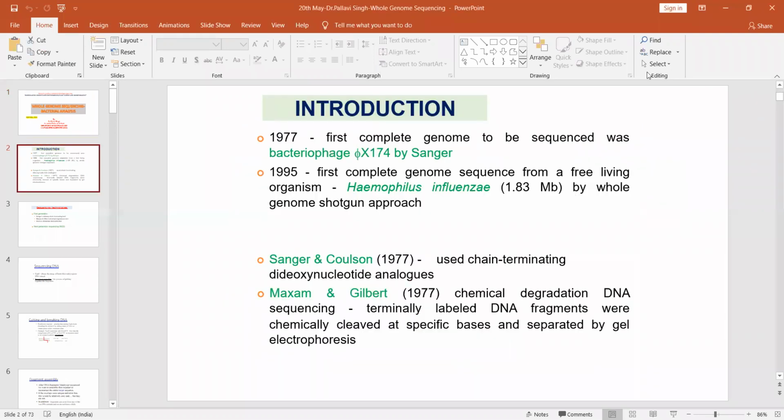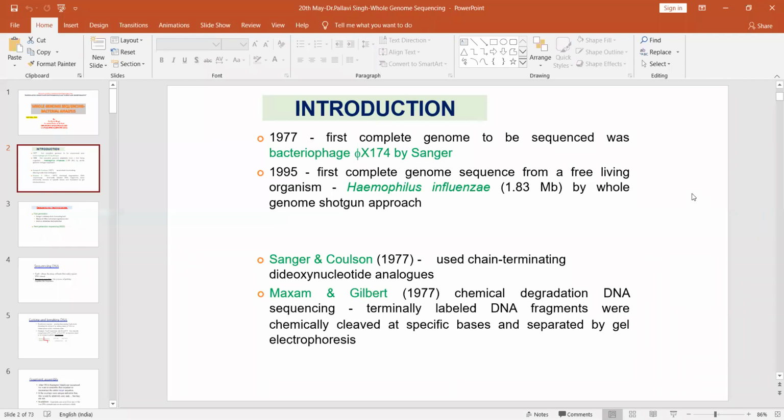So the sequencing of genomics, the genome of bacteria and eukaryotes, was started way back by scientists Sanger and Coulson in 1977 when they developed the chain termination dideoxynucleotide sequencing method. The first genome to be ever sequenced was of a bacteriophage, phi X 174, and this was sequenced in 1977.